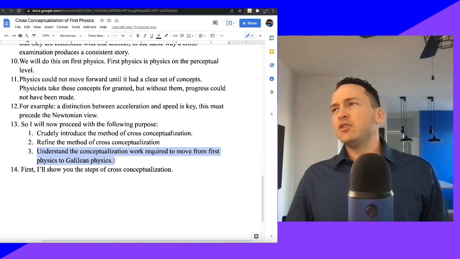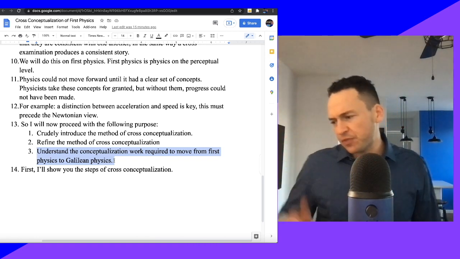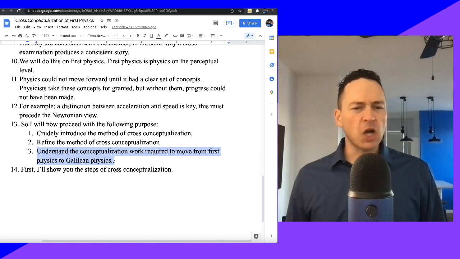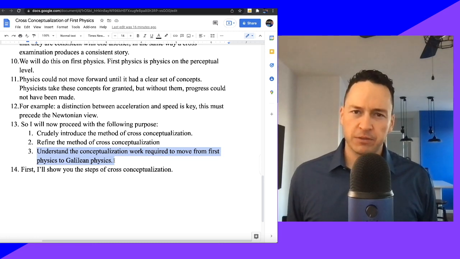Where you've talked about balls flying through the air, you've talked about pushing on things, sliding across floors, movement. You've talked about all this stuff, but you have never tried to actually systematize it into a bunch of clear concepts.